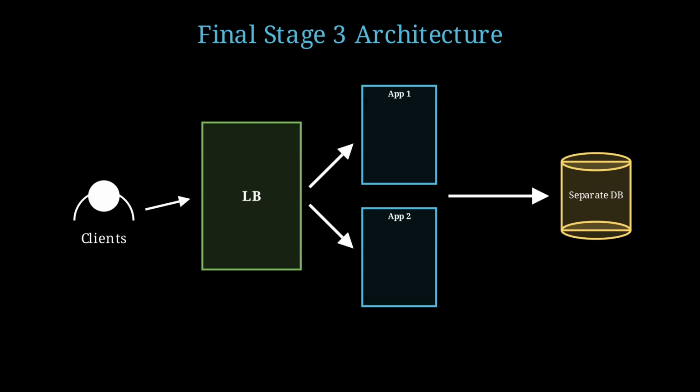Okay, this is what the application looks like now. We are maintaining two replicas here, and the load balancer, and we are maintaining the database as a separate component as usual.